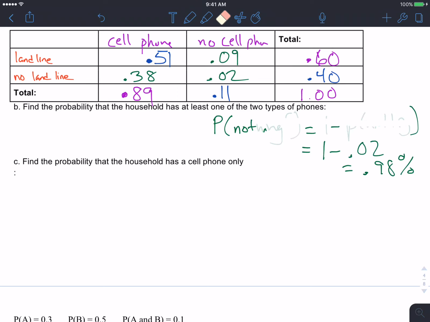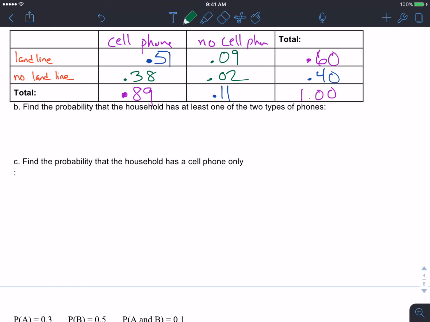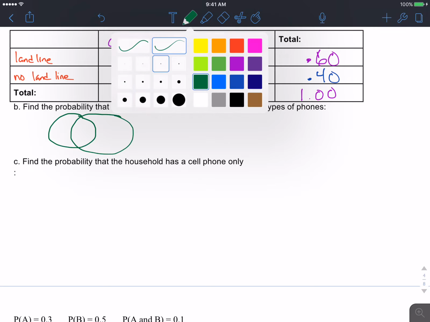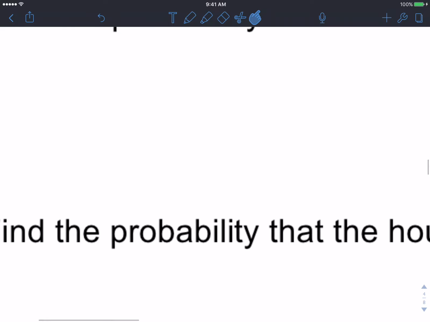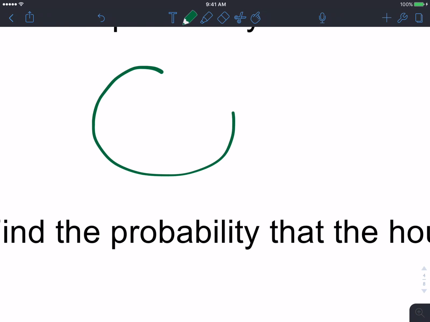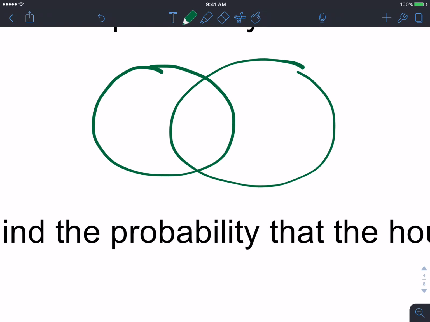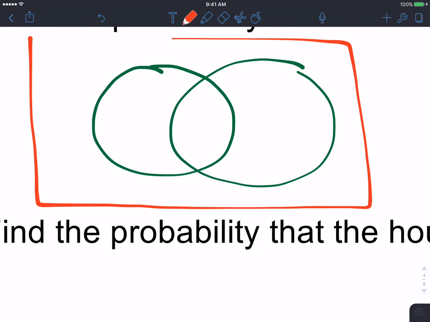So there's a 98% chance that they do have one of the two. Another way you could look at this is to make a Venn diagram. I know my overlapping section is 0.51 from the table.